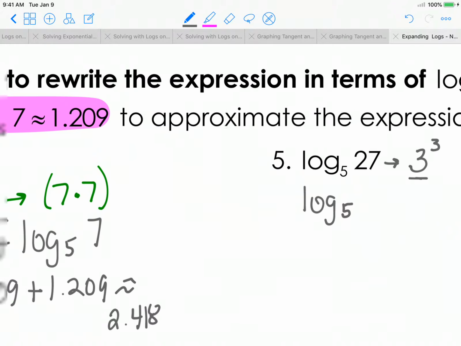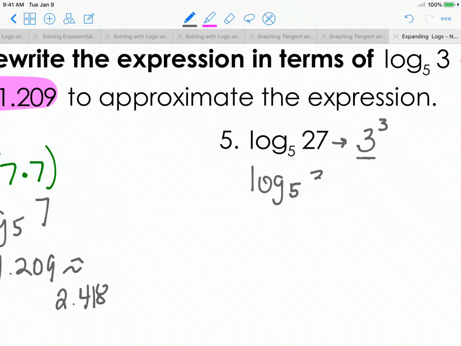That doesn't work. So I've got to look at a base of 3. So look, we get log base 5 of 3 to the third. Well, what can I do with that lovely exponent? Move it to the front. So I get 3 log base 5 of 3.